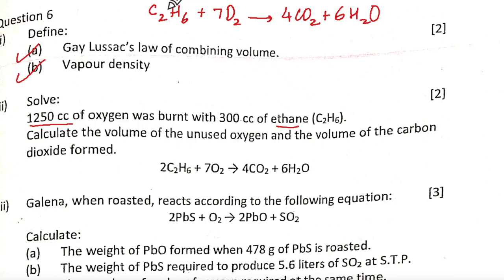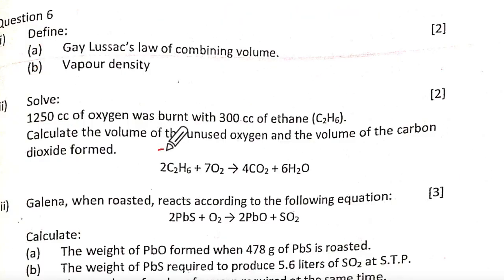300 cc. So this is 300 cc. Now I'm going to write here because there I don't have sufficient place. And this is 1250 cc. So I'm going to use Gay-Lussac's law. 2 volumes is to 7 volumes because all are gases, right?